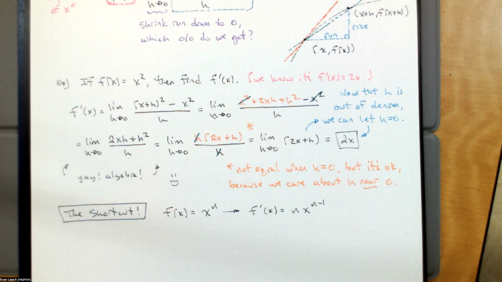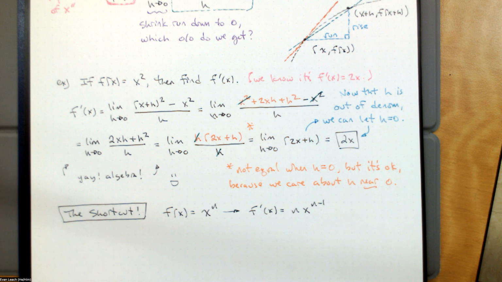If we can write a power of x, then we can just find the derivative that way. We get a lot of mileage out of this.